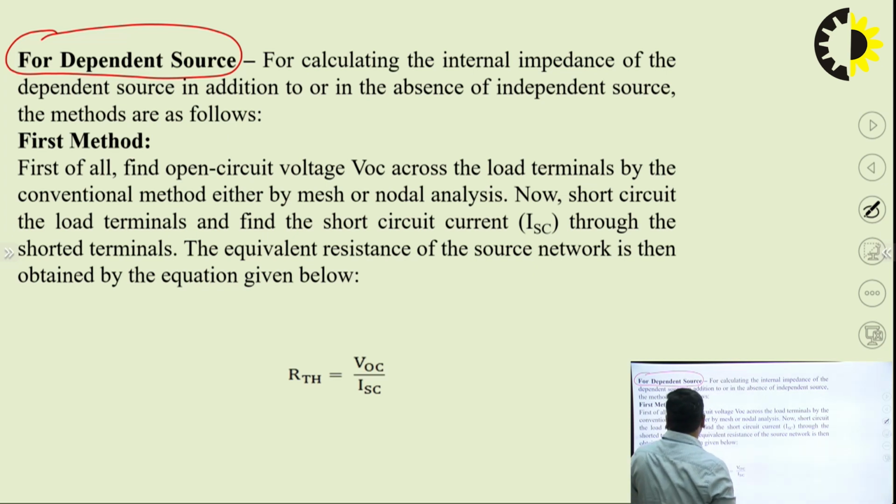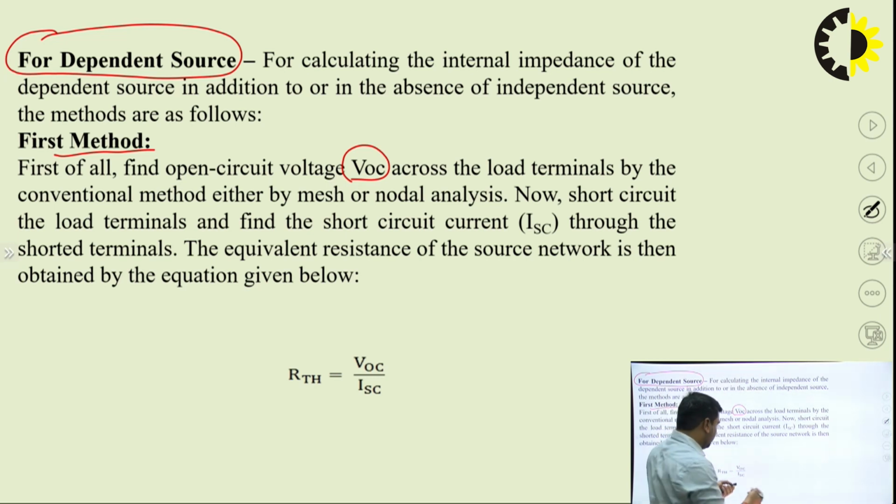The first method is, first of all, find the open circuit voltage across the load terminal by the conventional method, either by mesh or node analysis. Now short circuit the load terminals and find the short circuit current ISC through the shorted terminals.